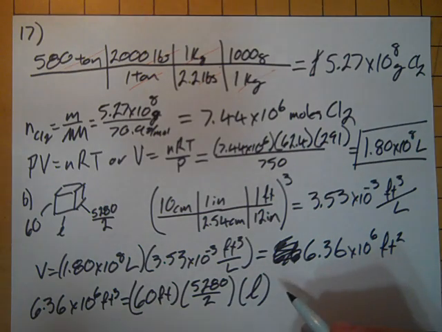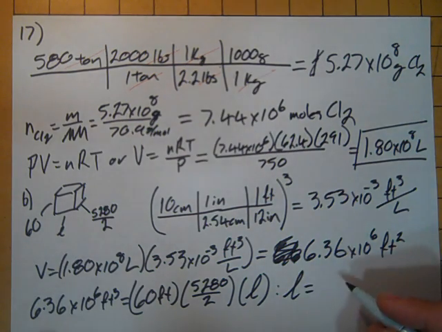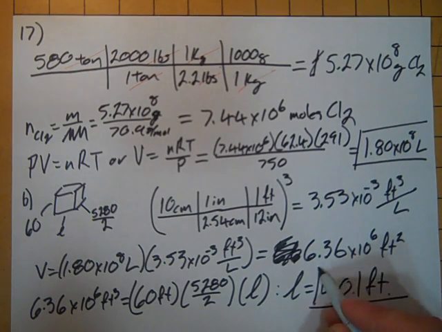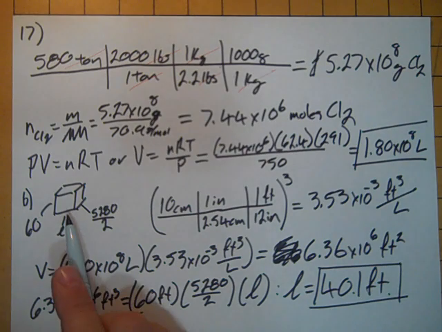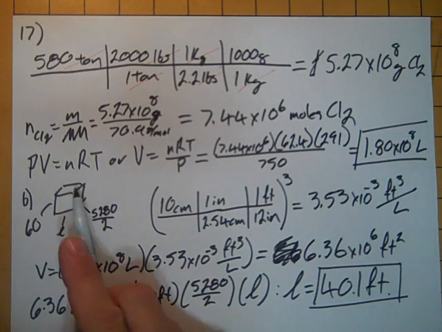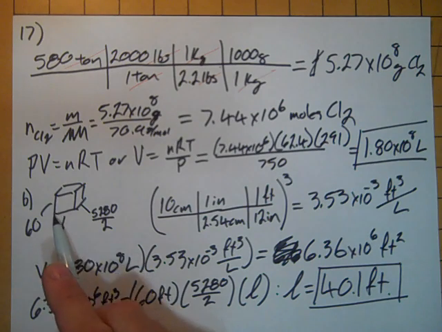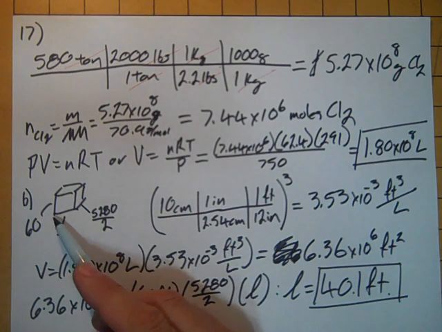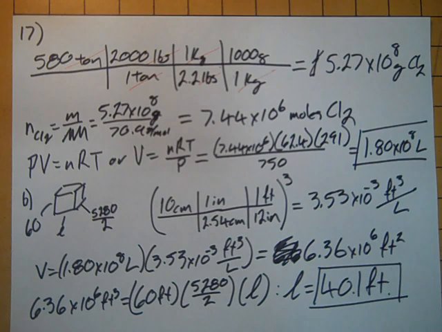That means that length, when I do the algebra, is 40.1 feet. So this box, like I said, it's not to scale, but this cloud of chlorine gas is 60 feet tall, so it's as tall as a 6-story building. It's half a mile wide, and it is 40 feet long. And it is a death trap for anybody who goes inside it.